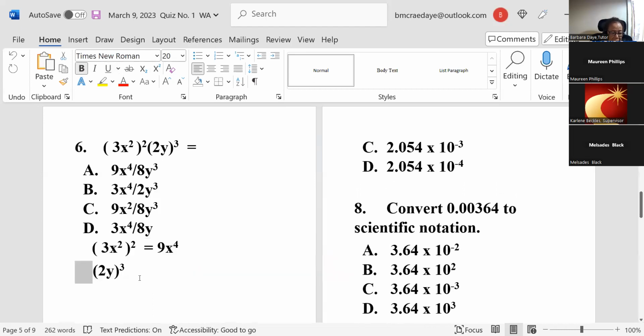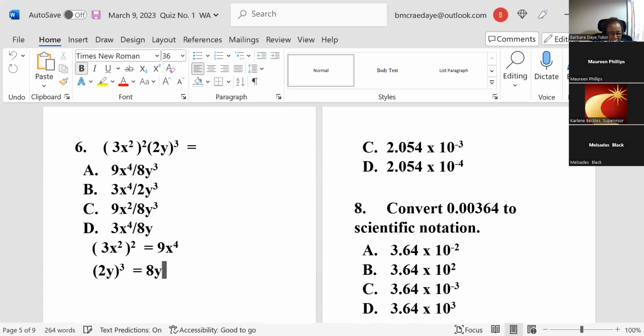Okay, now Mercedes, what is that equal to? You're going to multiply the 2 three times. That's right. That gives you what? 2 times 2 is 4 and 4 times 2 is 8. And then what would we do with the y? You're going to say y to the third power.